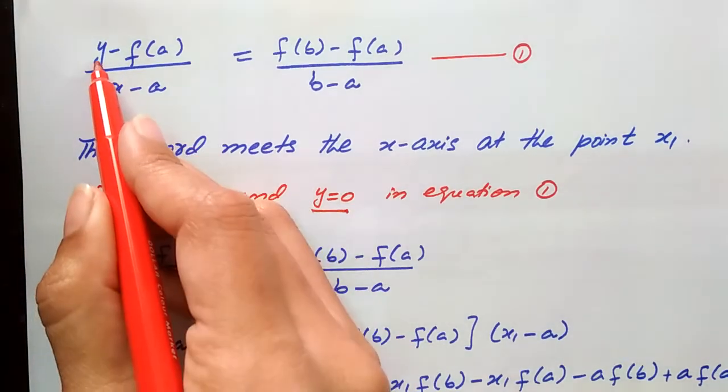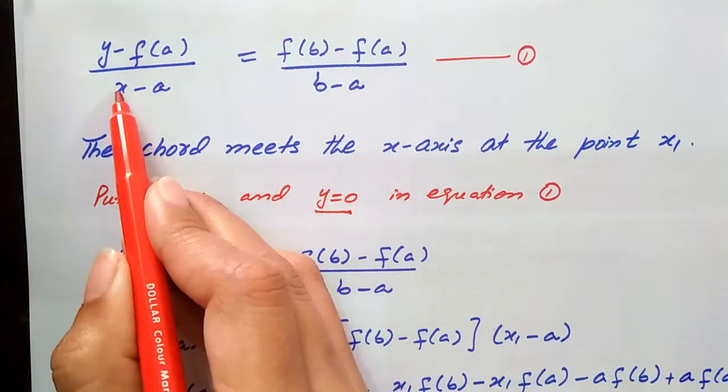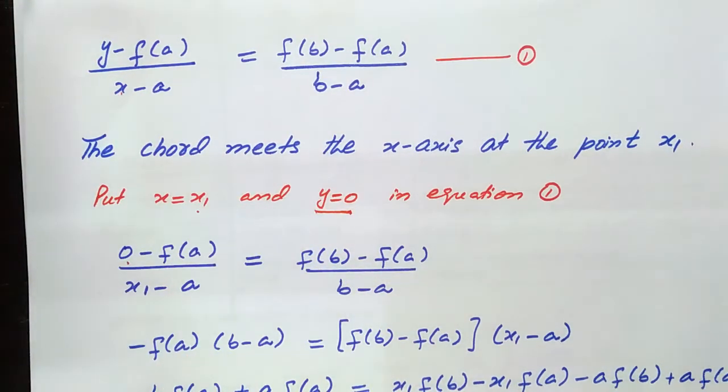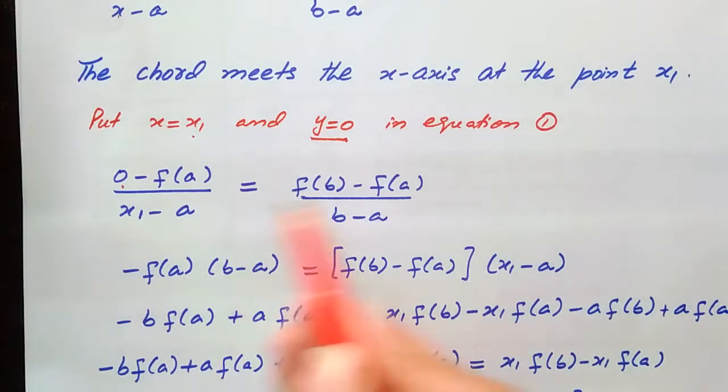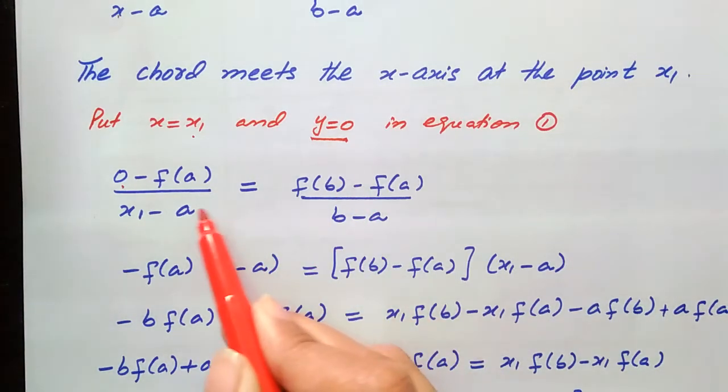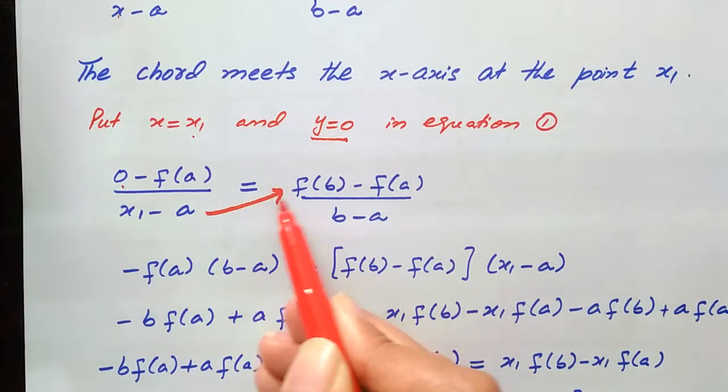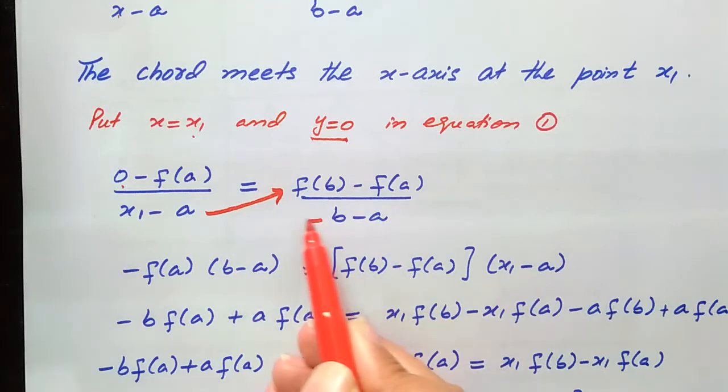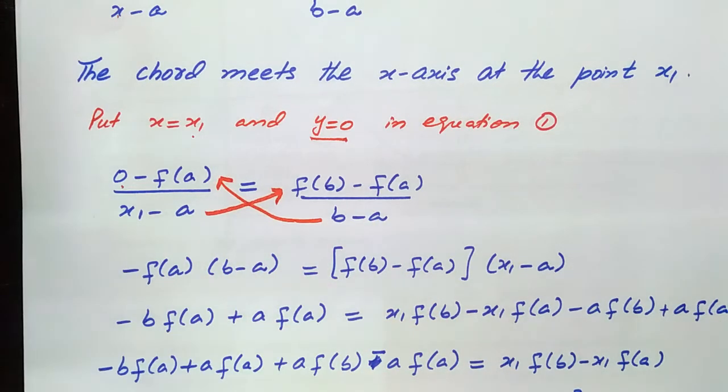In place of y, I will put 0, and in place of x, I will use x1. I will cross multiply the equation. The x1 minus a is moved to the right hand side, and b minus a is multiplied on the left hand side. I got minus f(a) times (b minus a) equals (f(b) minus f(a)) multiplied with (x1 minus a).